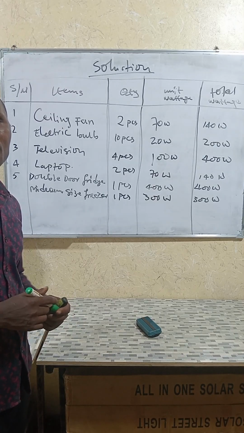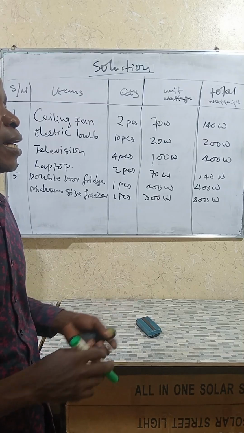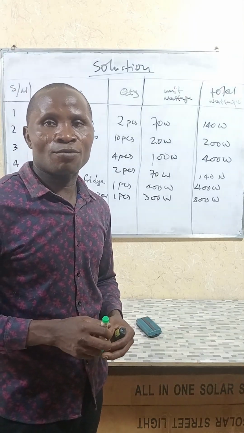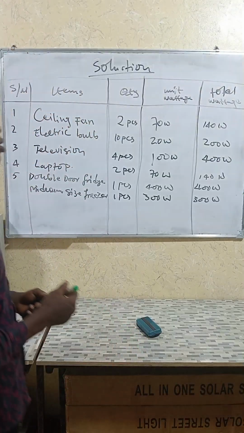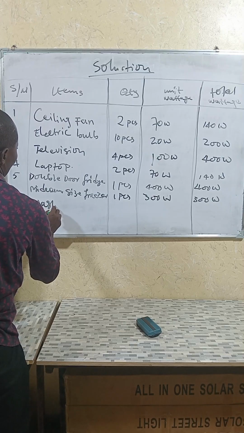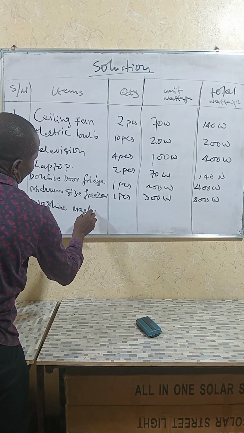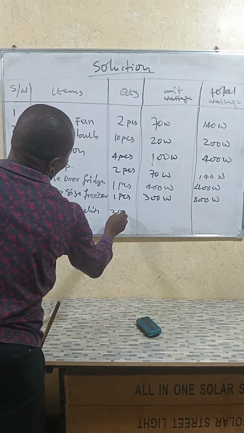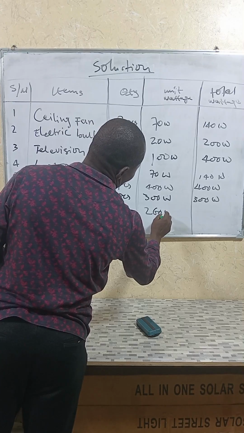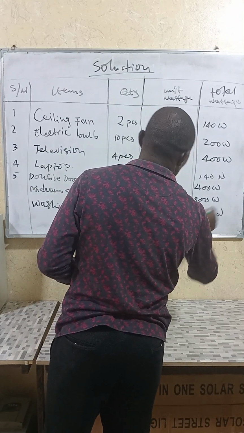So we now look at the washing machine, which is 2 pieces, the dryer machine and the washing machine, and all of them are 260 watts. Washing machine, two pieces, 260 watts each, which is 520 watts.